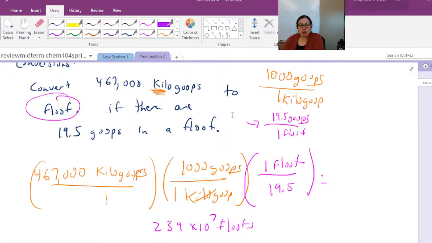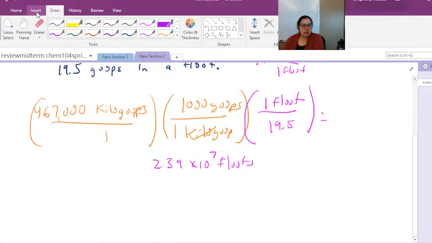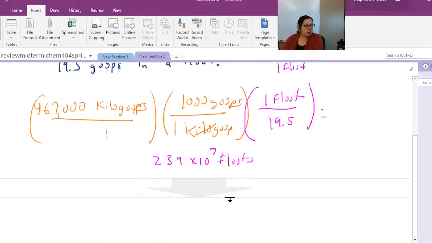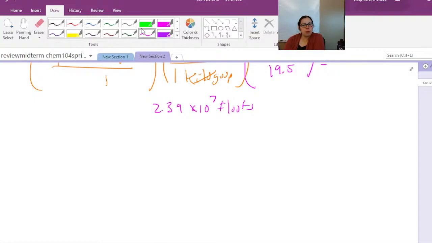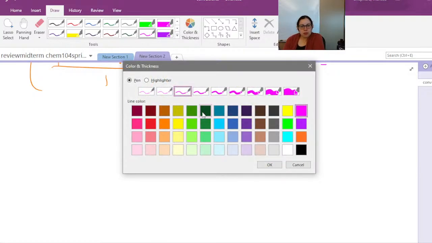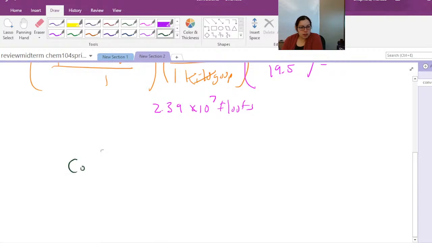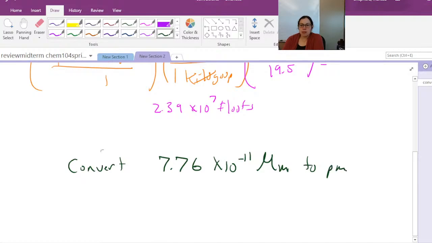All right, let's do another conversion practice. This time, this will be your regular units, but you shouldn't let the floops and goops confuse you. But let's just do a standard convert. We'll do 7.76 times 10 to the negative 11 megameters to picometers.